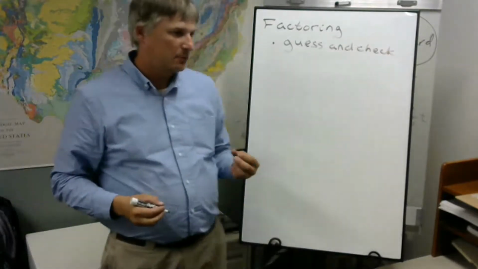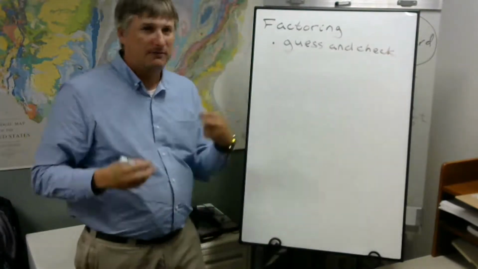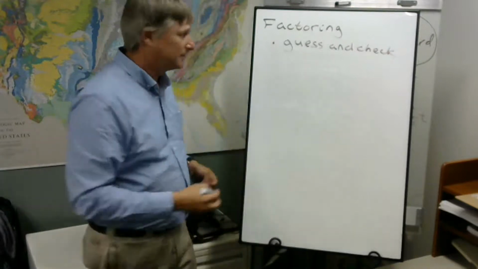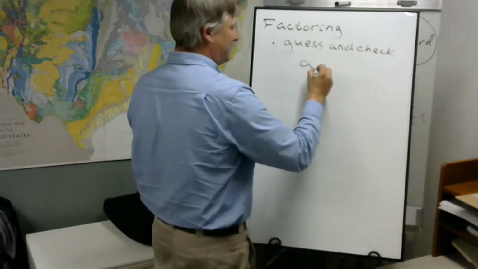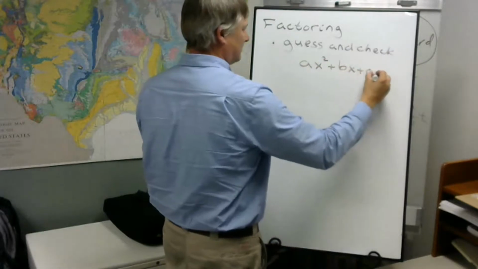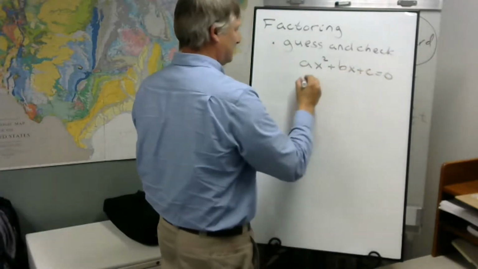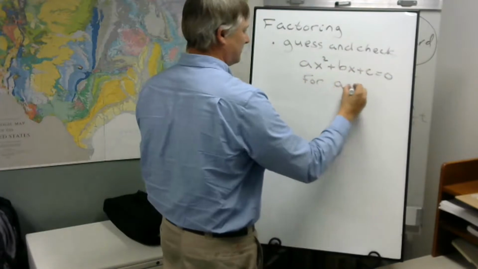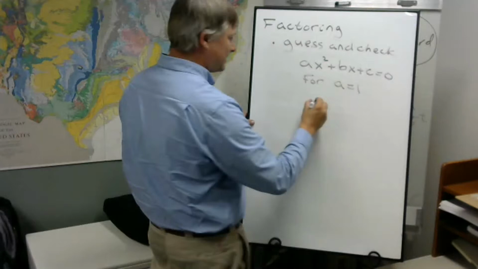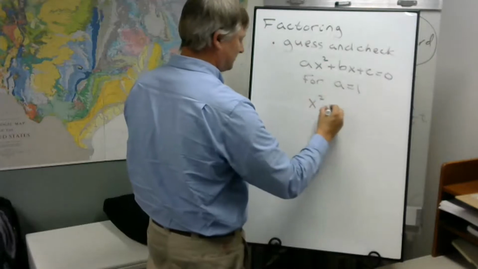So this works when the lead term of ax squared plus bx plus c is 1. So when you have this, a is 1. So that means our quadratic looks like this.